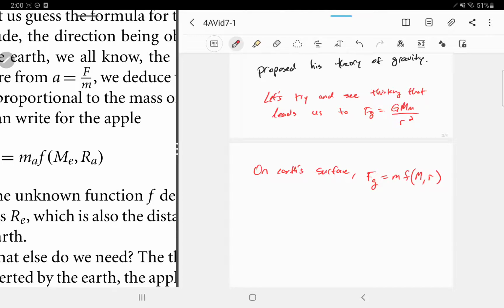Okay. So the first step in trying to figure out what this function is: what's so special about this mass? The mass of the apple is maybe really small compared to the Earth, but when you're talking about objects as big as the moon, maybe there's nothing so special about this one as opposed to this mass. In fact, if you pretend the apple gets so big that it's much bigger than the Earth, now it's the mass of the apple that's the important thing.